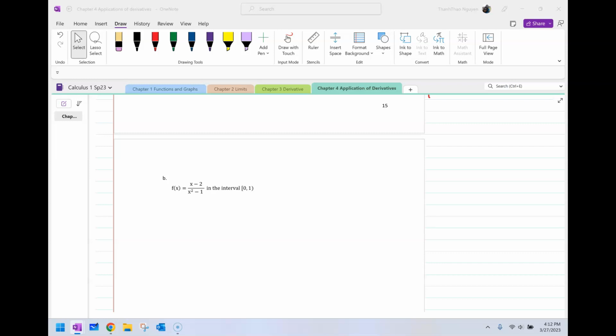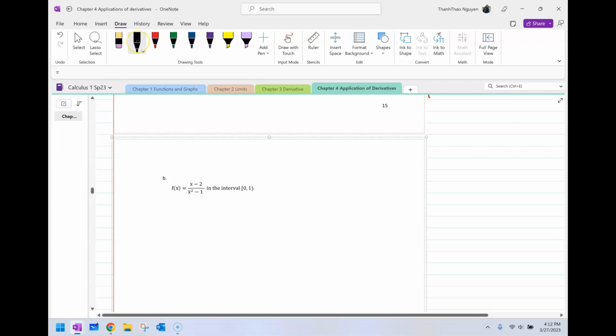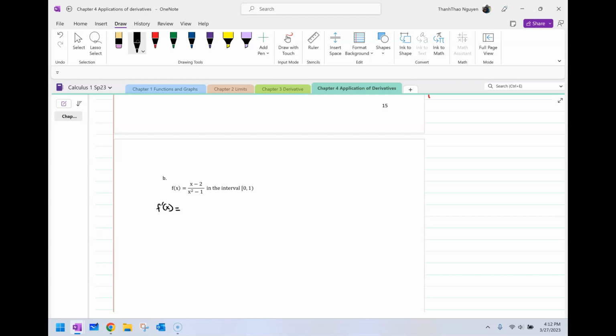Let's first find our critical value. f'(x) is equal to (x squared minus 1) minus (x minus 2) times 2x, divided by (x squared minus 1) squared. Simplify this, we get negative x squared plus 4x minus 1 divided by (x squared minus 1) squared.